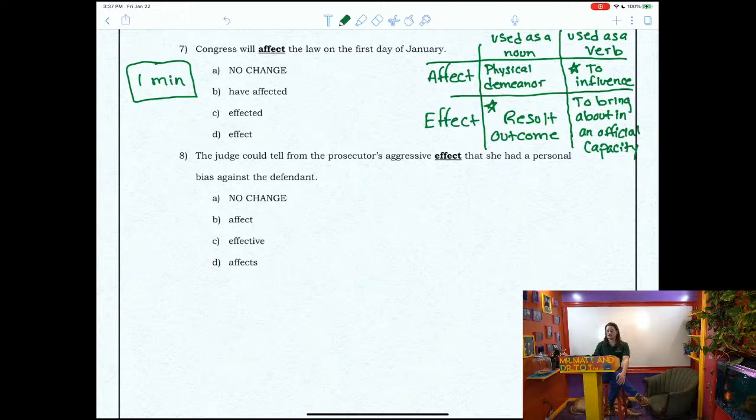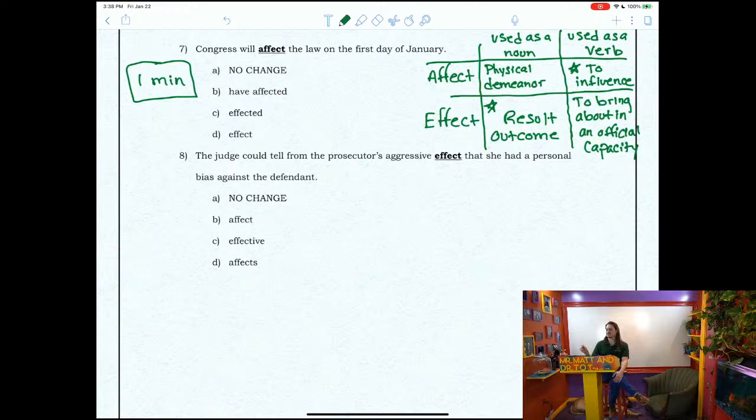Then on top of it, they can both be used as nouns and verbs, and whenever they're used in those different forms, they mean all different things. So there's 4 different meanings here that you need to know between affect and effect, with an A and with an E respectively.